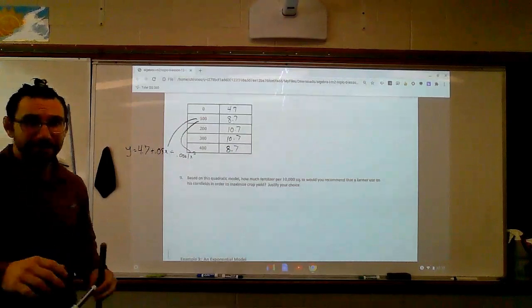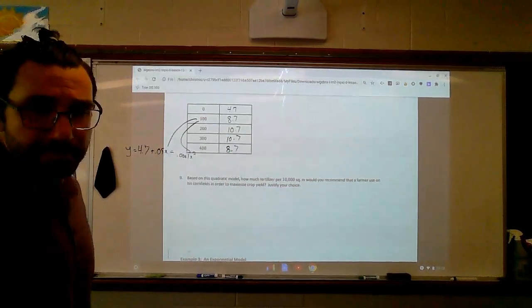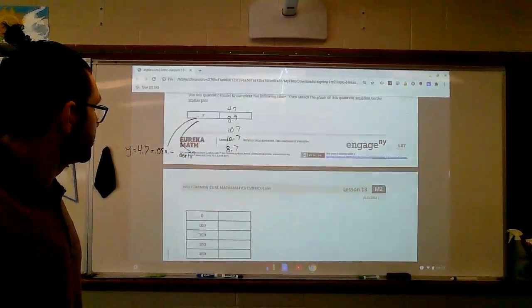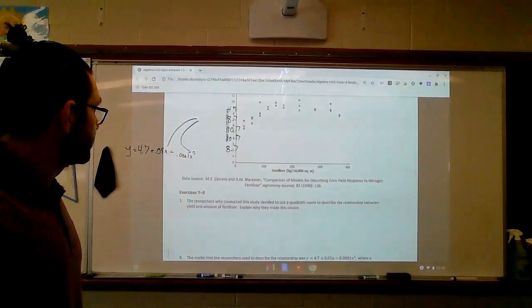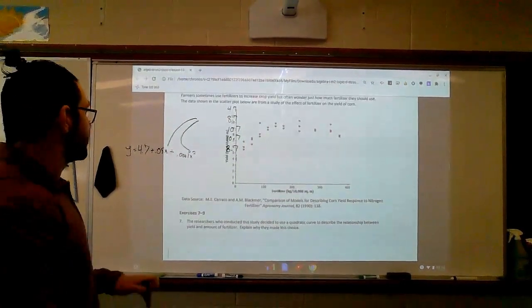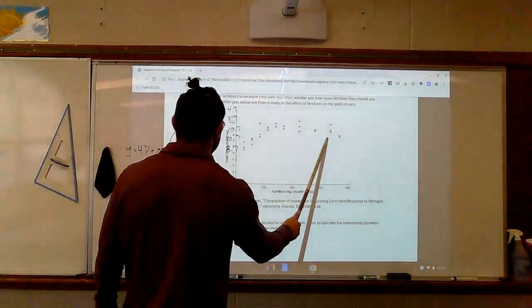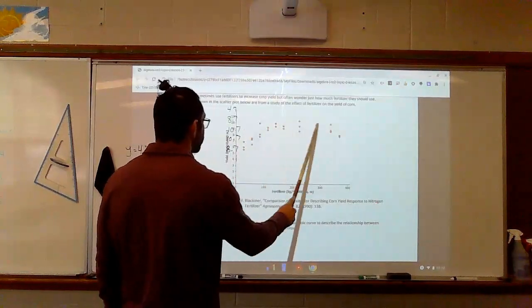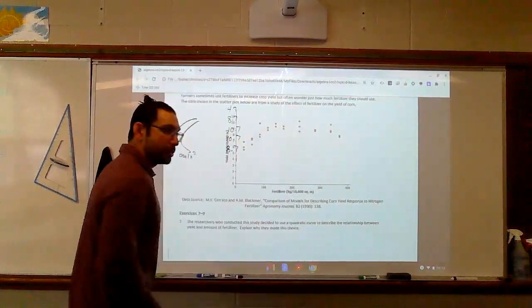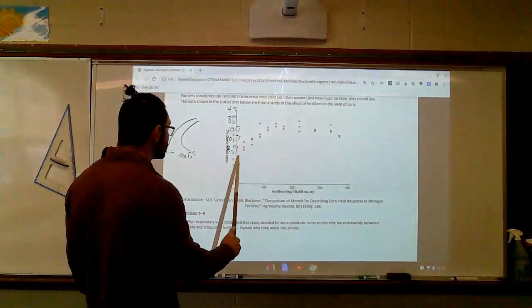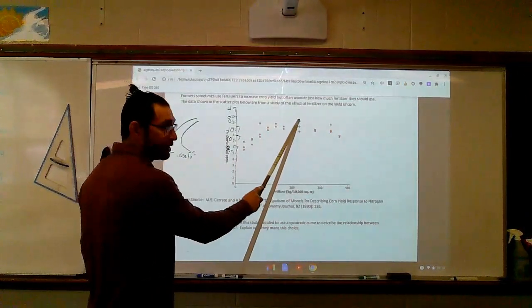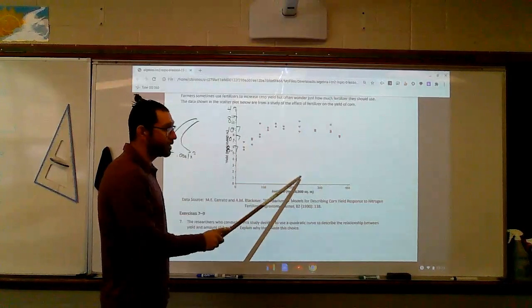Let's go back real quick to my graph. Does it make sense that at some point this side and this side are the same, but then as you get more fertilizer, it goes down? Yeah, because remember, there's a peak up here. Quadratics either have a peak or a valley.